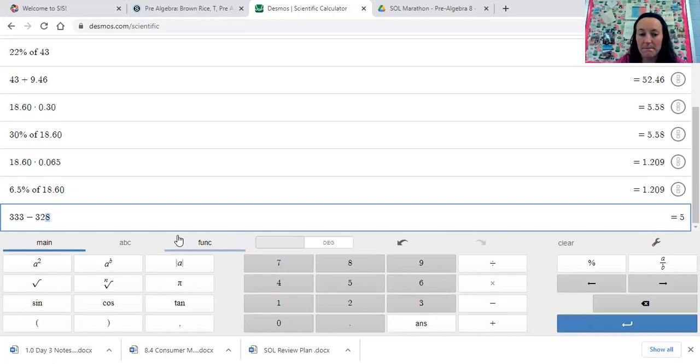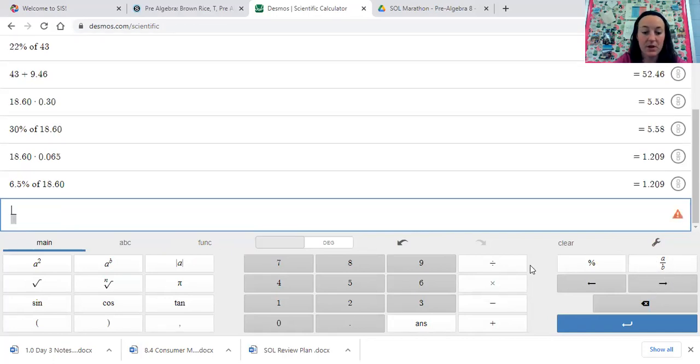But I want to have all of this in a fraction, so I'm going to put this in parentheses. Desmos doesn't always do what I want it to do either. Divide by 328. Okay, so here's my fraction, really small number. Let's go ahead and multiply that by 100.